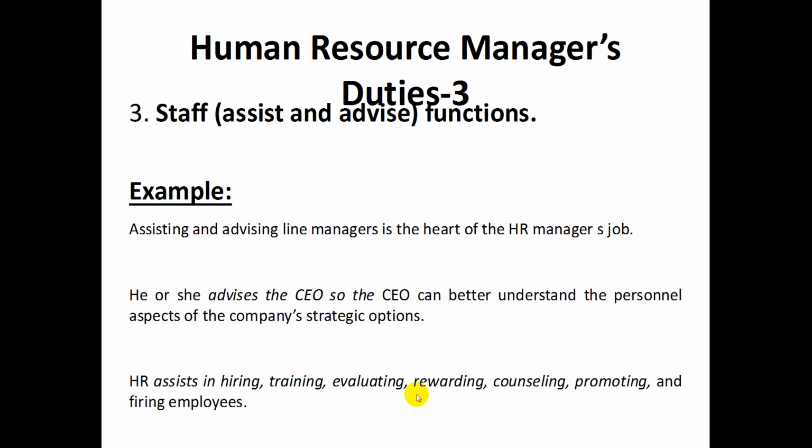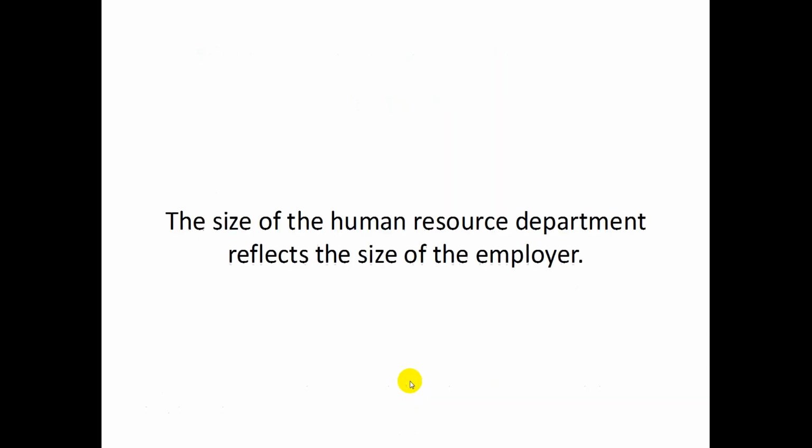Human resource assists in hiring, training, evaluating, rewarding, counseling, promoting, and firing employees. It should be noted that the size of the Human Resource Department reflects the size of the employer.